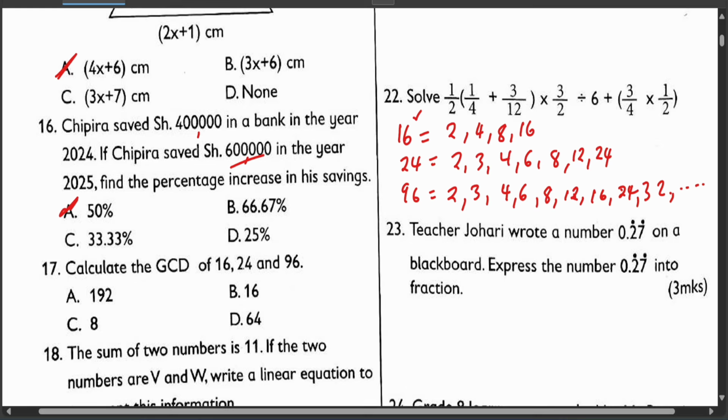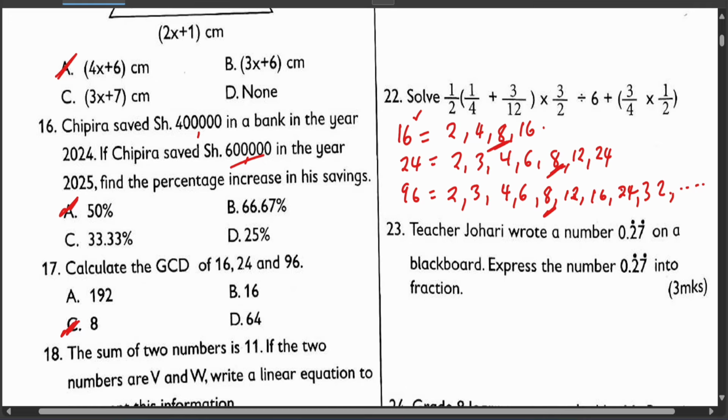A number that can divide onto 16, 24, and 96. The greatest one is just 16 is not found in the 24, so therefore your greatest common divisor is 8. There's no other number. So your answer should be 8.